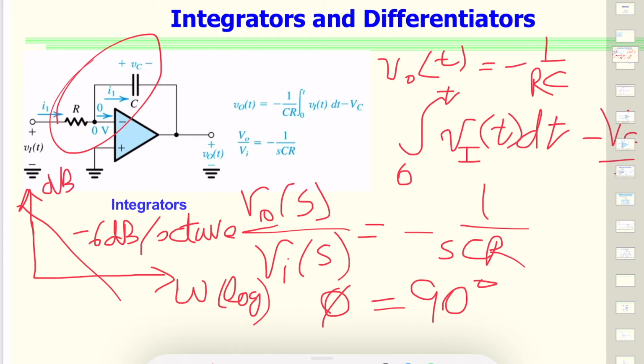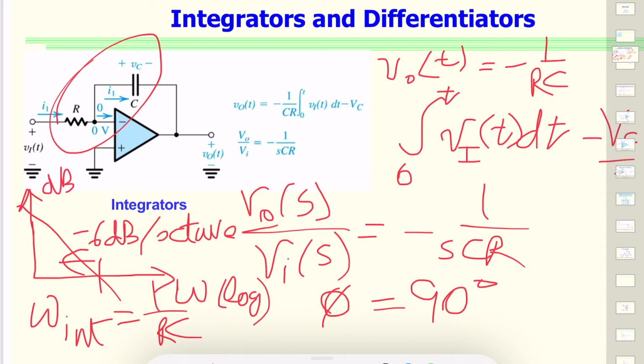And here we see that the cutoff frequency, or the integrator frequency, is the inverse of the integrator time constant, and that is 1 over RC. So this is a low pass filter. Everything is passing below that cutoff frequency and nothing is going above that cutoff frequency.